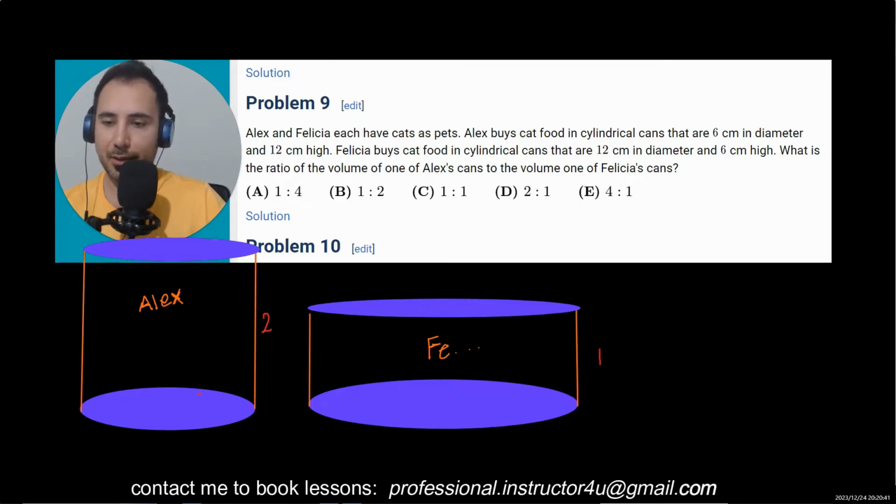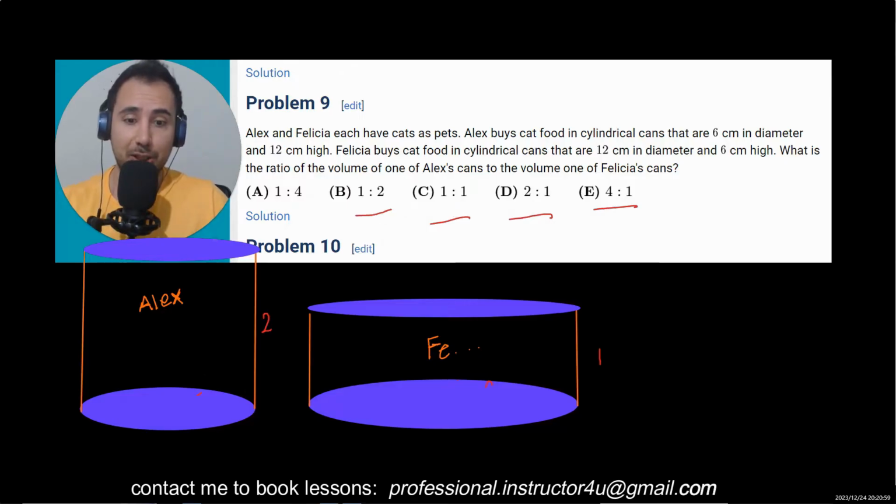I'm just going to call the smaller one 1, and I know this is twice of that, so the radius here is 2. And it's not only for this question. You could do it for all questions that are asking for a fraction, that are asking for a ratio. It makes it so much easier.